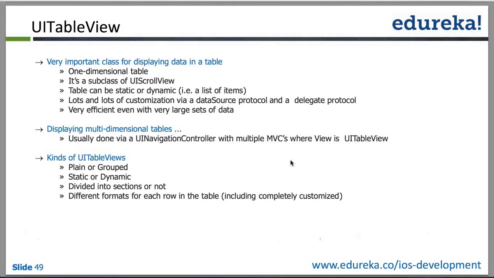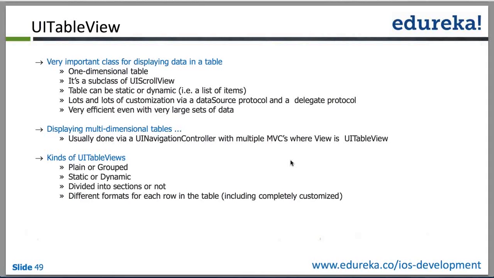If you see a normal settings app or any music application, you will be able to understand what a table view is. This table view has a lot of properties and a lot of types in it. It can be plain or grouped, static or dynamic.